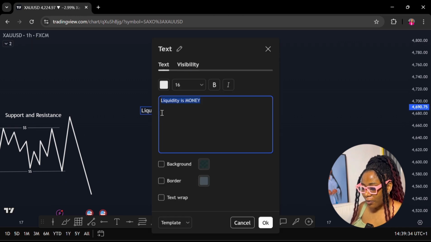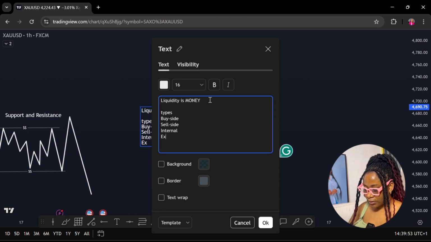And for liquidity, we have types of liquidity. We have buy side, sell side, internal, and external.